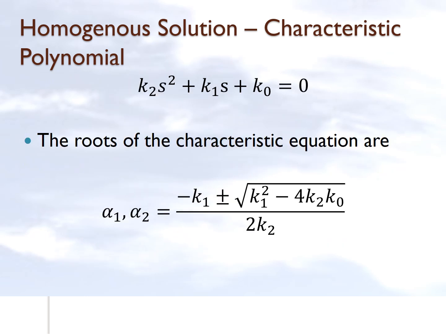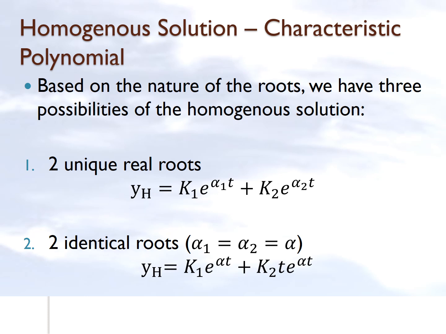So we have the characteristic polynomial, which for a second-order differential equation is a second-order polynomial. A second-order polynomial has two roots that can be obtained using this nominal equation. Now, since we have two roots, we have multiple possibilities on the shape of these two roots. Option number 1, we might have two unique real roots.